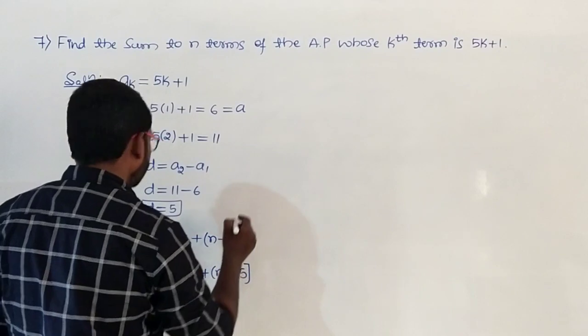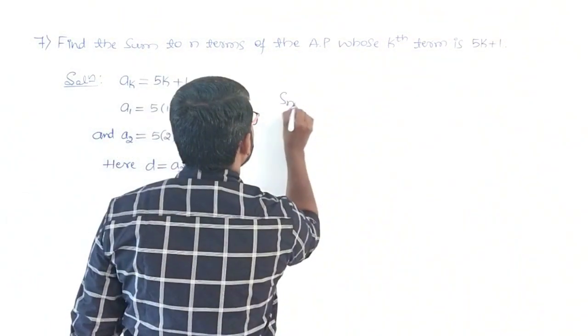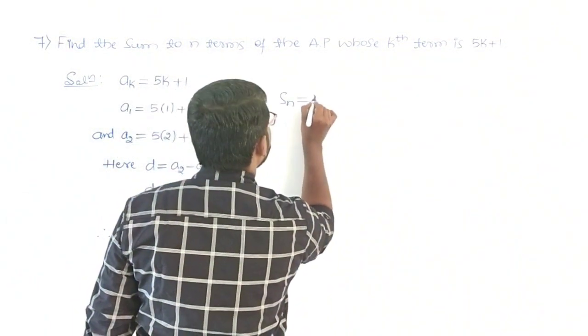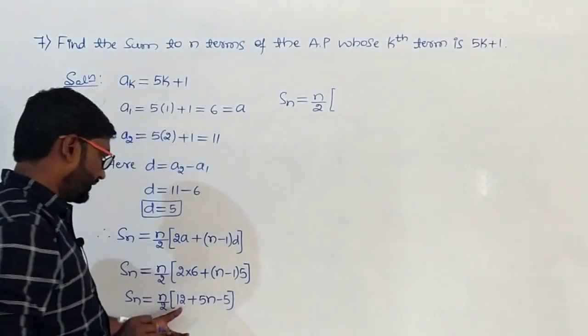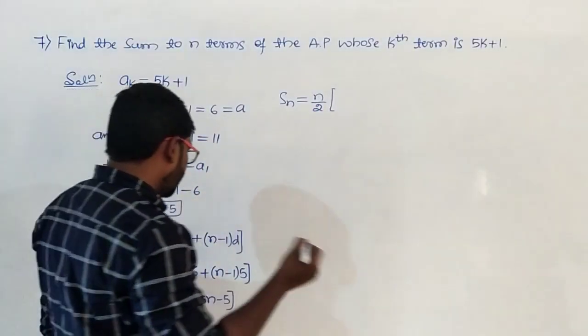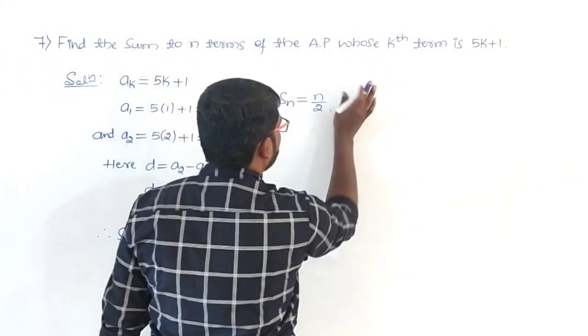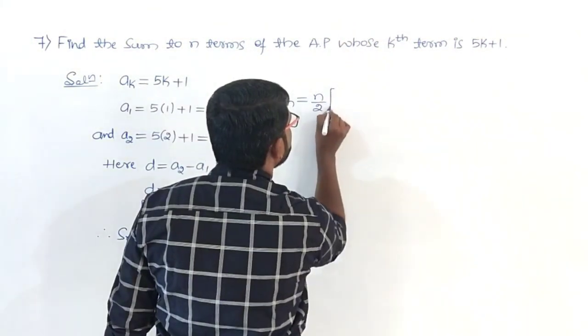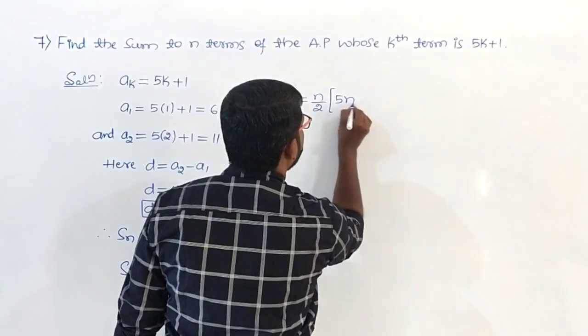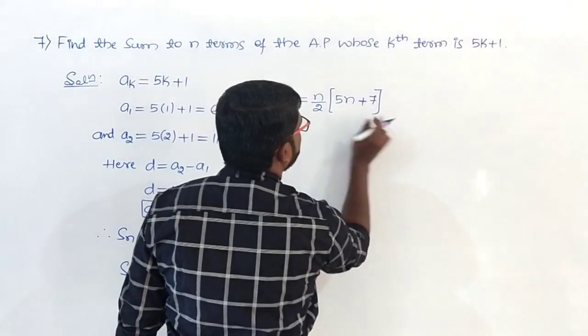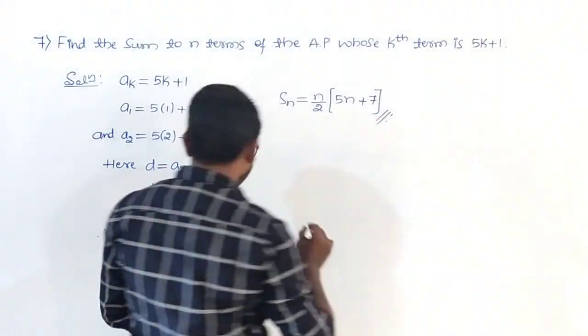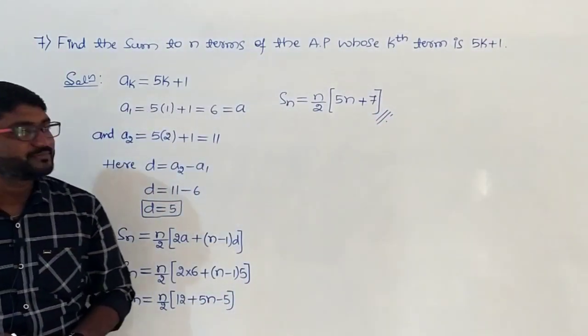So in the next step, Sn which is equals to n by 2, then here 12 minus 5 it is 7, 7 plus 5n or 5n plus 7, both are same. So it has to be 5n plus 7. So with this we have completed the seventh problem. So note down this.